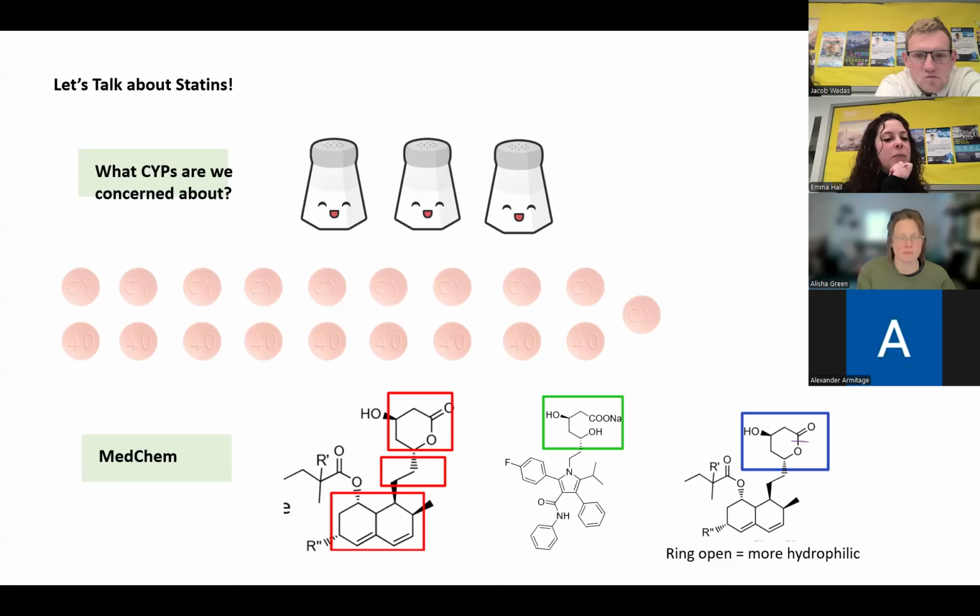And then in terms of med chem, we know that there's an intermediate between when you have the process of your HMG CoA reductase working, and the intermediate has an opening in this ring.